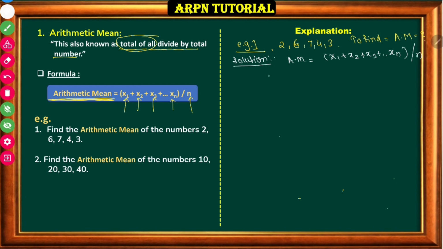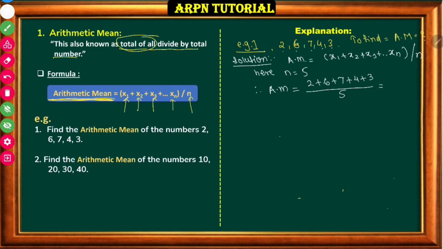So here we have n is equal to 5, total numbers 1, 2, 3, 4, 5. And then I'll place the values: AM is equal to (2 + 6 + 7 + 4 + 3) divided by 5.